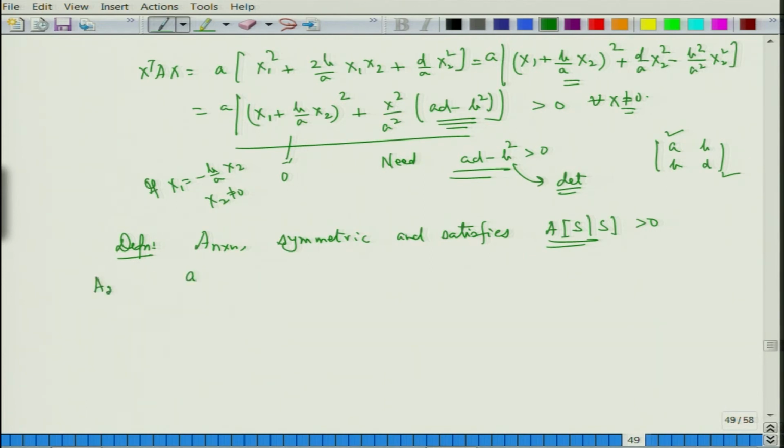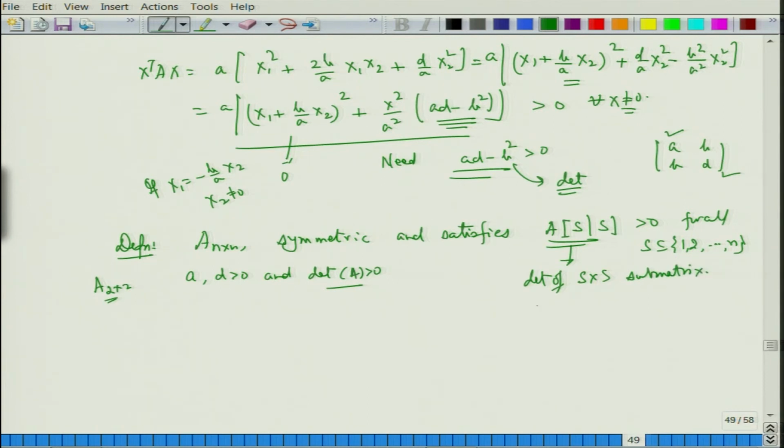So A is 2 cross 2, we need a to be positive and the determinant of A to be positive. In general, I need this to be positive for all S, a subset of 1 to n. All right, this was the determinant of the S cross S submatrix. We also had A(S,S).